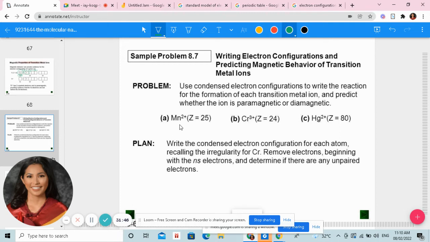Okay, we have Mn. This time we're going to write the reaction for the formation of its transition metal ion and predict whether the ion is paramagnetic or diamagnetic. Mn to Mn2+.